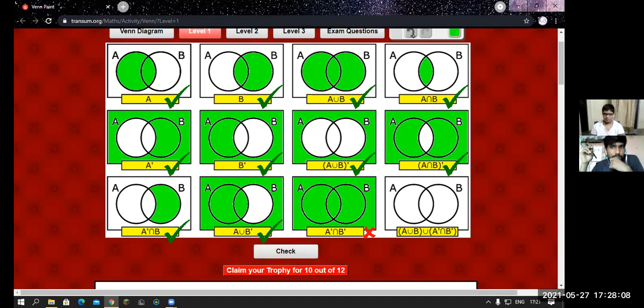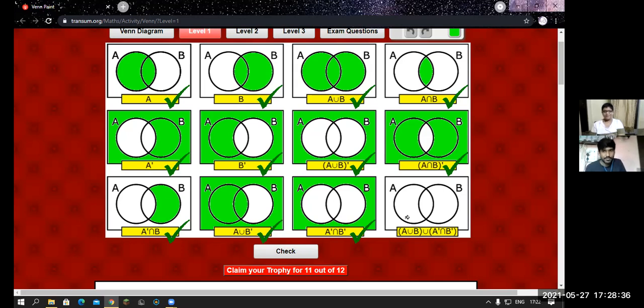The middle won't come, because everything is outside. A union B union A complement intersection B complement.